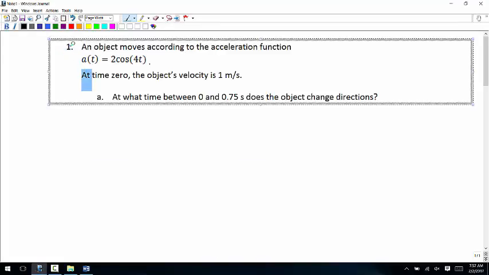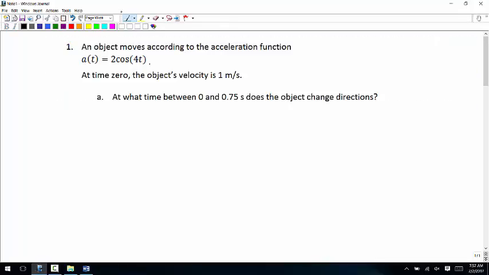Hey, look at that. I never knew I could do that before. Okay, so the acceleration function is 2 times the cosine of 4t. And we're trying to figure out when the object changes directions.